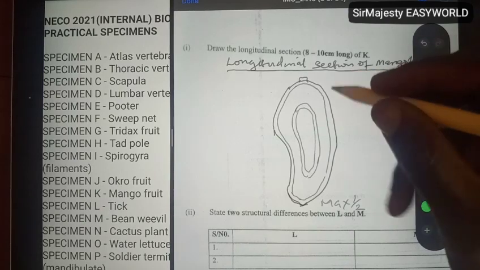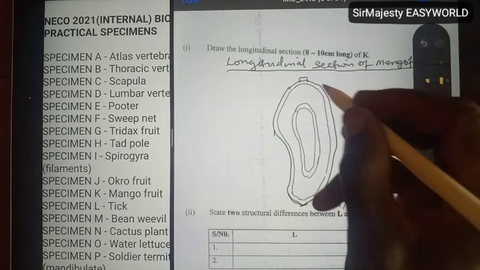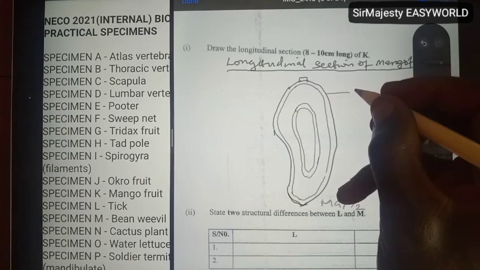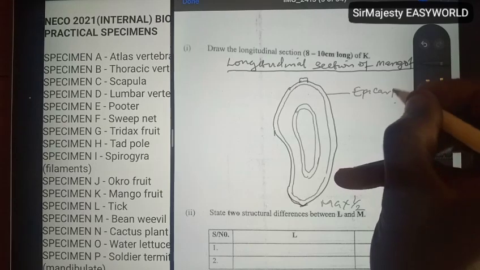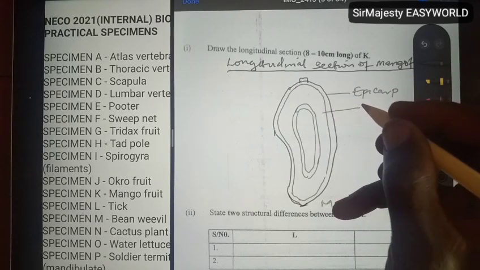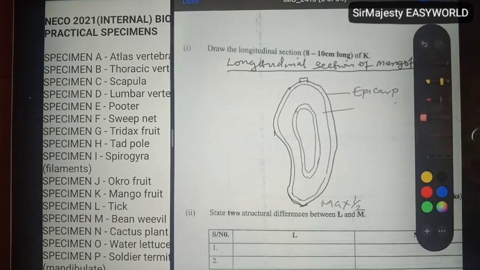So in your labeling, this is the first layer. Make your lines of label very straight, and this is epicarp. Then here is the middle layer, and this is the mesocarp, which is the edible part. Your lines of label should be done with ruler. Straight lines of label have their own mark, so let me use ruler in this case.